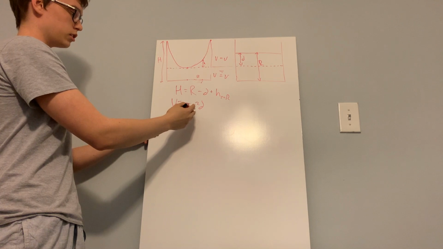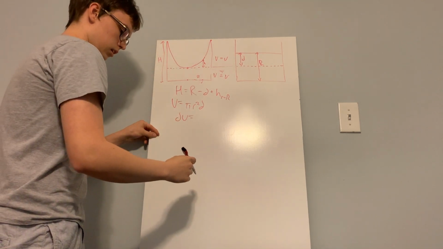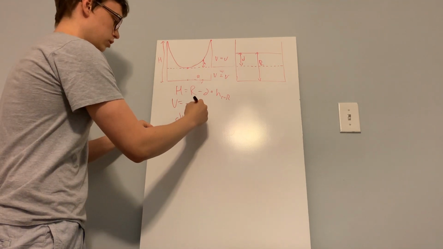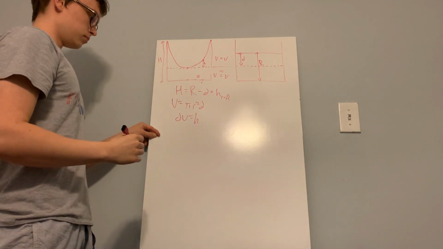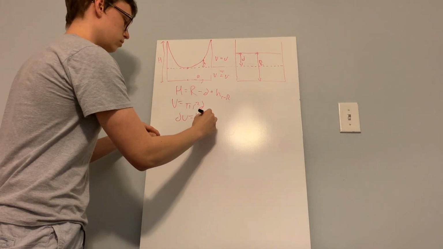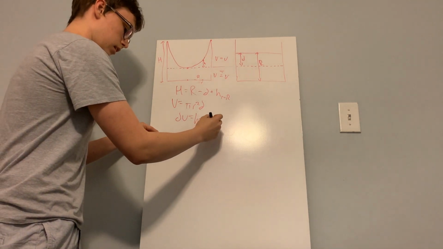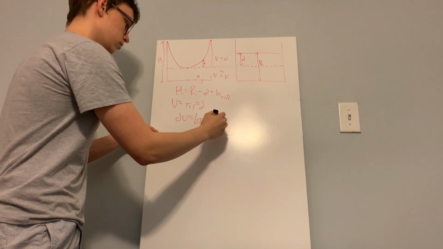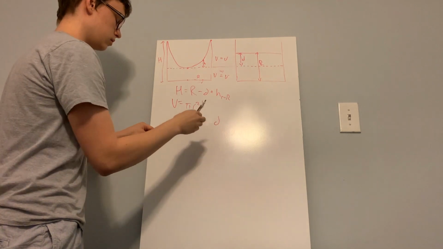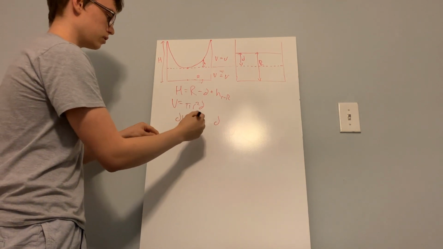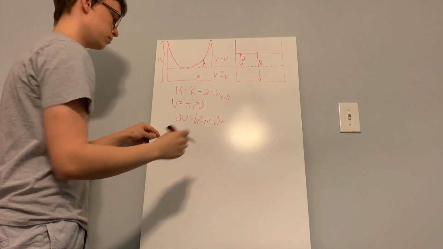If r changes, volume will also be changing. So we get dv, and that is equal to h. We'll replace d with h in this case, since now we're looking at this diagram. So h pi r squared, and then dr. And sorry, since we are basically differentiating this first equation, it's going to be 2 pi r and then dr.